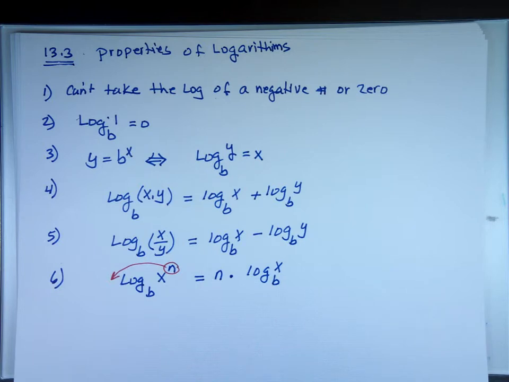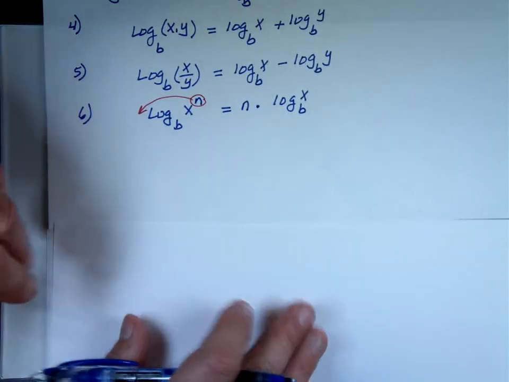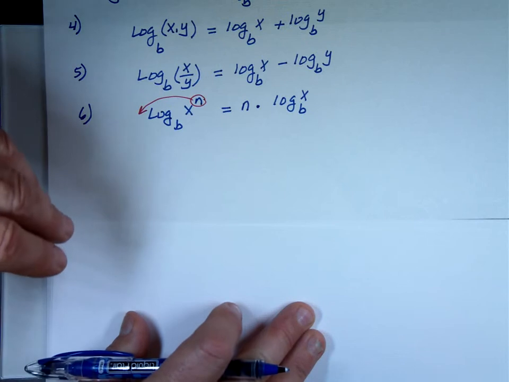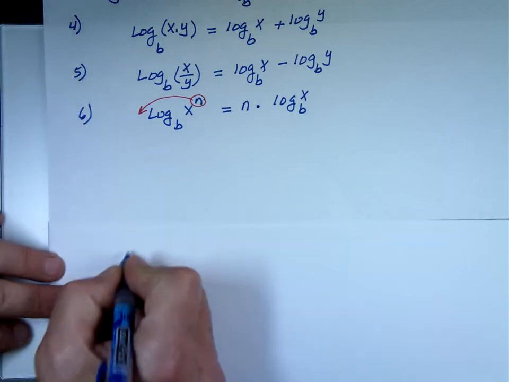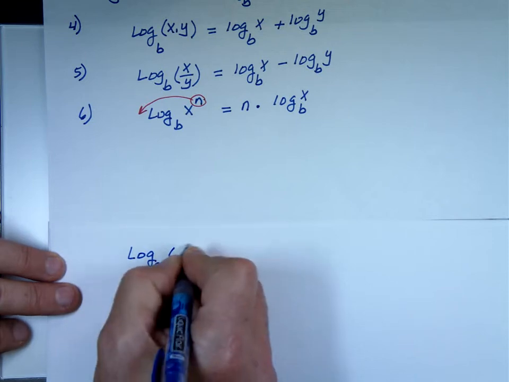Let me give you some problems to work on. We'll work on them together and see what the answer is equal to. And as we do the problems, I'm going to list next to it which rule we're using. Let's say we gave you this problem, log base a of 7 over 5.